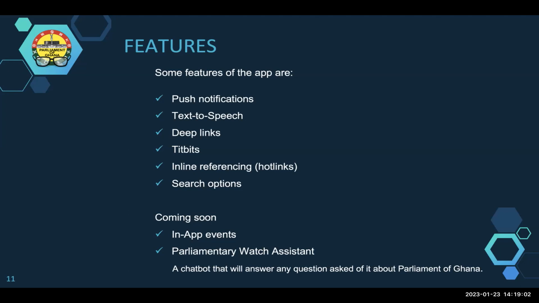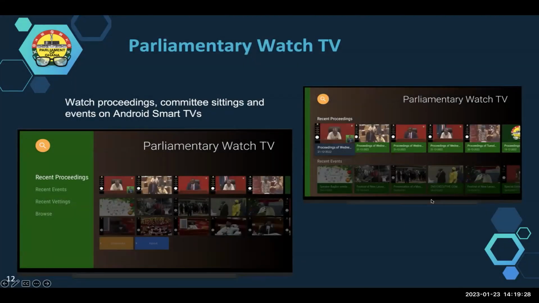We'll be looking at integrating it with Siri on iOS, and then probably Google Assistant on Android. We are also looking at probably using the speech recognition frameworks that come with these platforms.